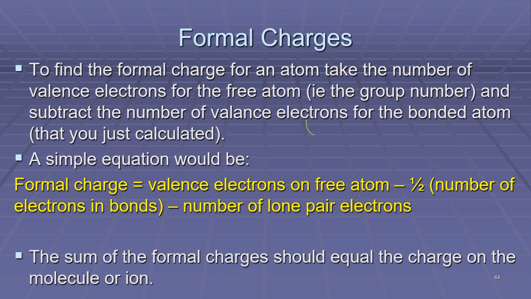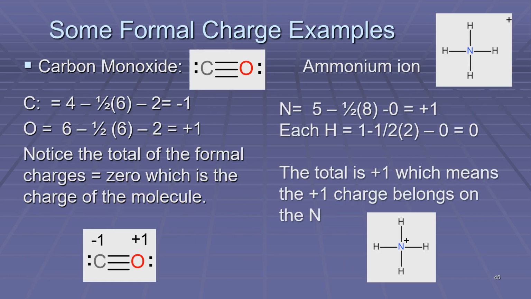So another way to look at it is you use the valence electrons of the free atom, subtract the number of bonds, and then subtract the total number of lone electrons. And the sum of all the formal charges should equal the charge on the molecule or ion. I think this is much better done as an example.